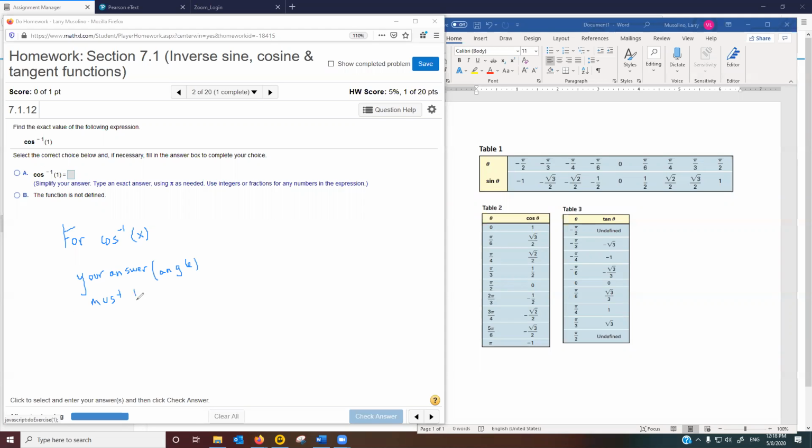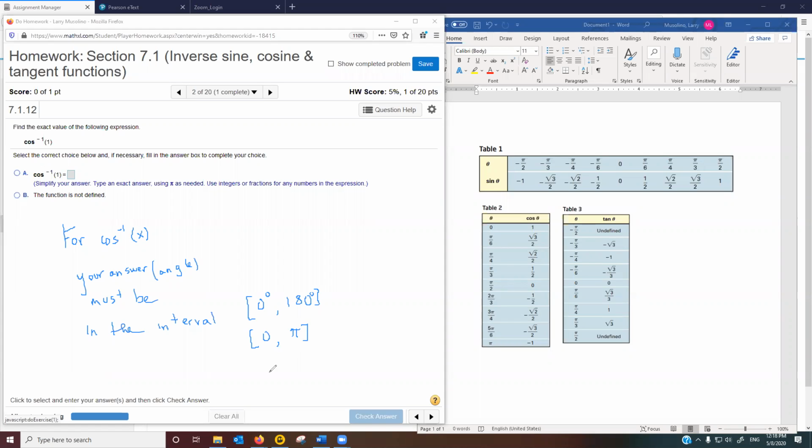And for inverse cosine, the interval is from 0 to 180 degrees. And I can also write that in radians. It would be 0 to pi radians. You might remember 180 degrees is the same as pi radians. So any answer I come up with has to be an angle between 0 and pi radians.